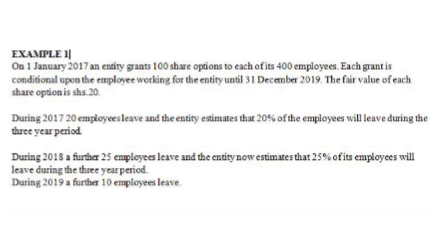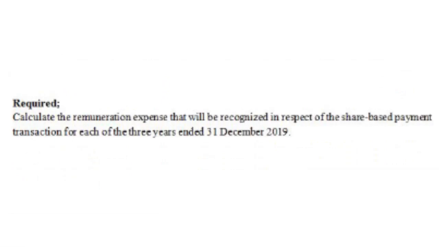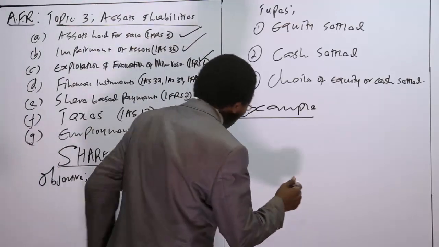During 2019, a further 10 employees leave. Required, calculate the remuneration expense that will be recognized in respect of the share-based payment transaction for each of the 3 years ended 31st December 2019.